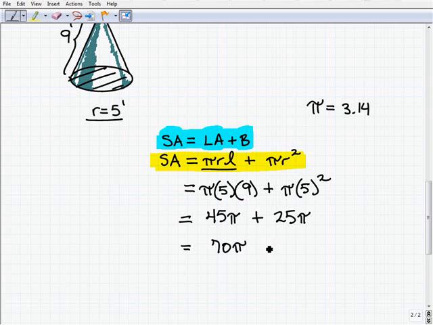That's one thing you can do to make your calculations a little bit easier. So now let's take 70 and multiply it by 3.14, and we get 219.8. Once again, let's not forget about our units of measure. We're talking feet, so that's feet squared. So that is the total surface area.